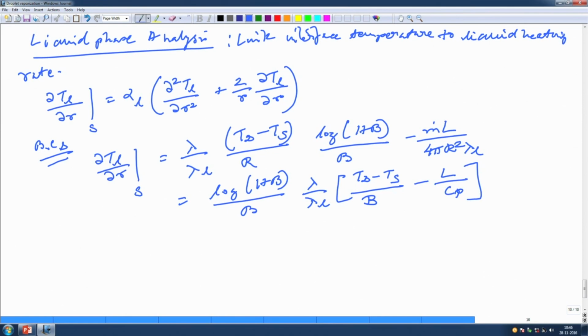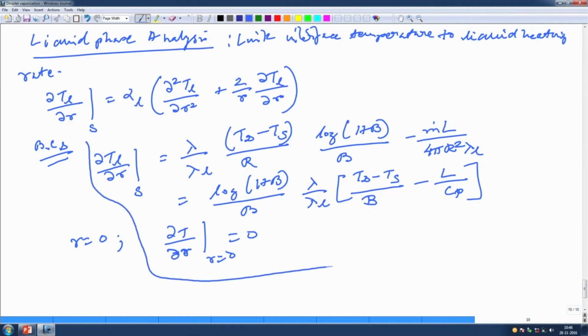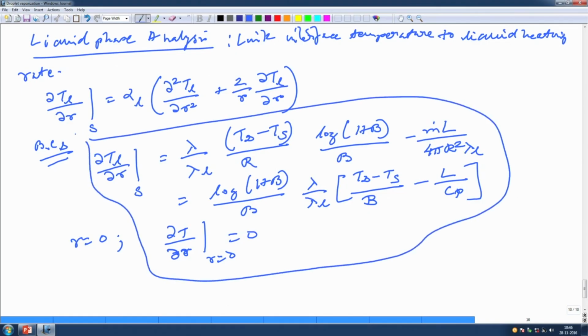Got it? And the symmetry condition prevails at R equal to 0, that means your dT by dr at R equal to 0 is 0. You got it? So that is the basic set of equations.